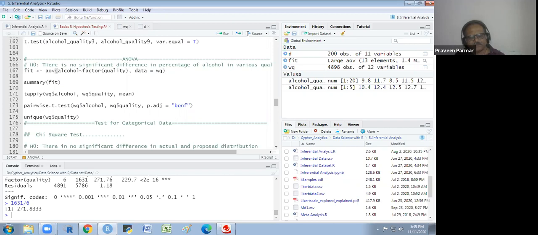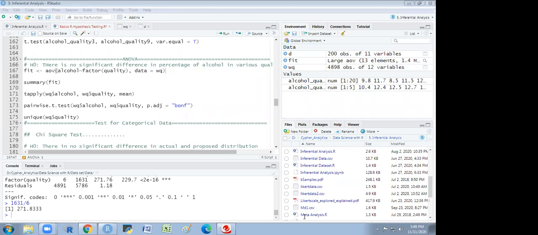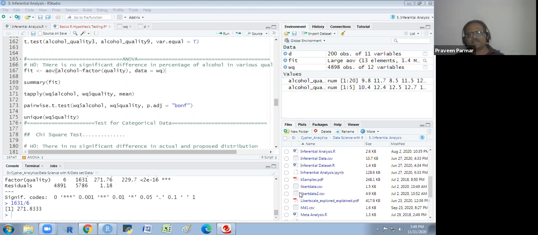We could perform this in Excel or somewhere else, but here we don't have any package. Do you have any idea about the Duncan test? Have you performed this multiple range test?